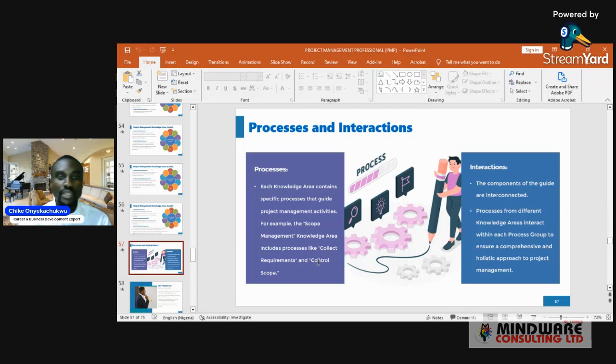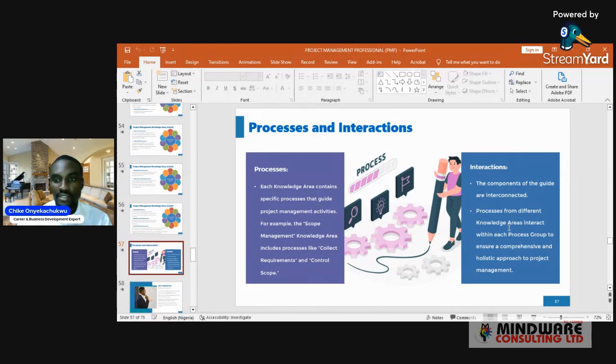So within each of these knowledge areas, we have processes. All right, processes, and you have to understand the specific processes within each knowledge area. Then also the interactions of the processes. Each of these processes are interconnected. You have to know that.